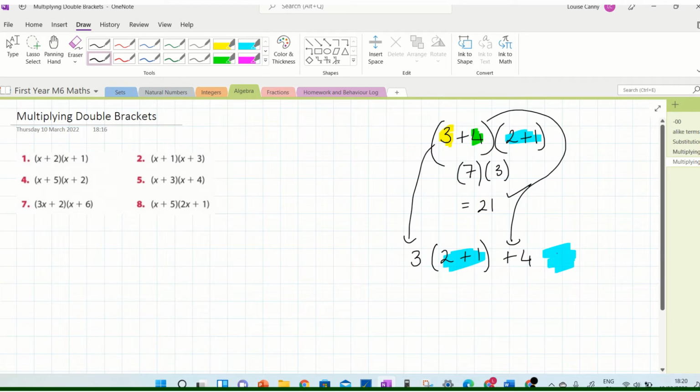So we have 2 plus 1. So we've just broken up that first bracket, brought our 3 down there, brought our 4 down there, and we're going to multiply the 3 by the second bracket and the 4 by the second bracket.